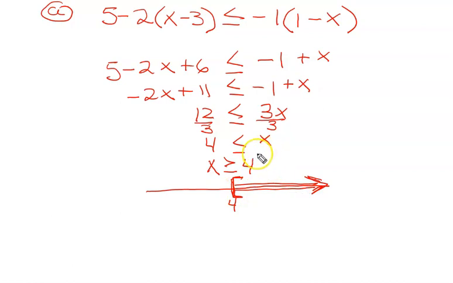Now, they want the answer in interval notation. So how do I put this in interval notation? Well, so easy from the graph. We're going to use the bracket. 4 is included, comma, and out here is positive infinity. Now, infinity always ends up with a parenthesis.